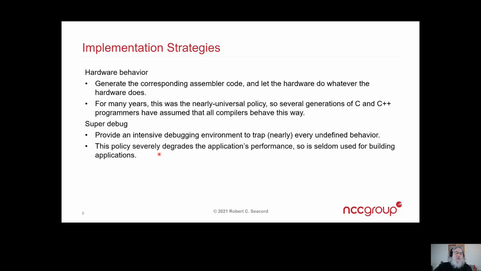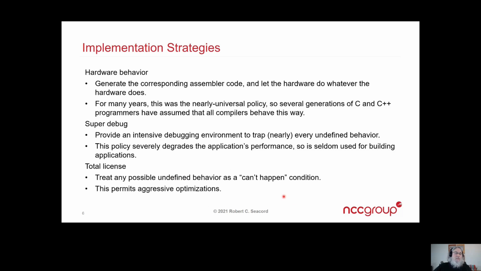This is not meant for deployment. It will severely degrade the application's performance, so it's used basically as a debug and development tool. And finally, there's the total license model, where undefined behavior can be treated as a can't happen condition. This model allows the compiler to optimize aggressively.